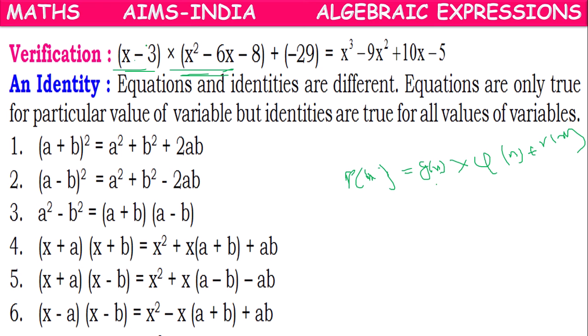So this is g of x into q of x plus r of x. If you multiply all these terms, it will be equal to this p of x. So our answer is correct. It is verified. The verification process you can do it, children. You can multiply and cross check it. If you want to verify, we can verify by this process.